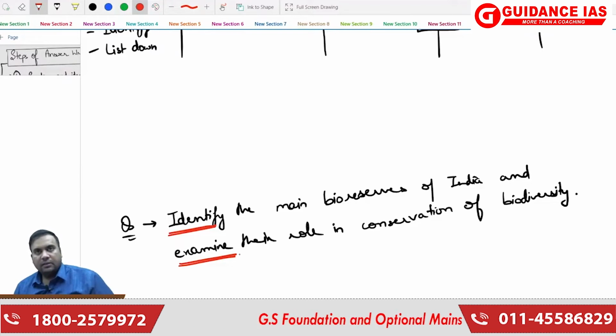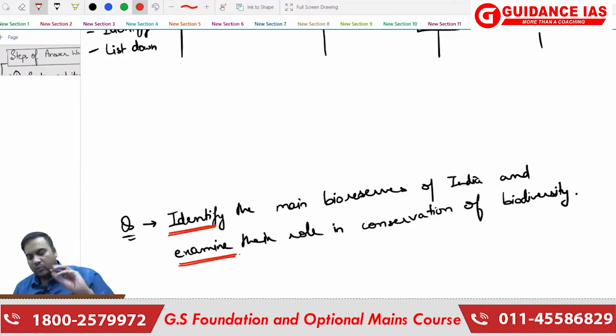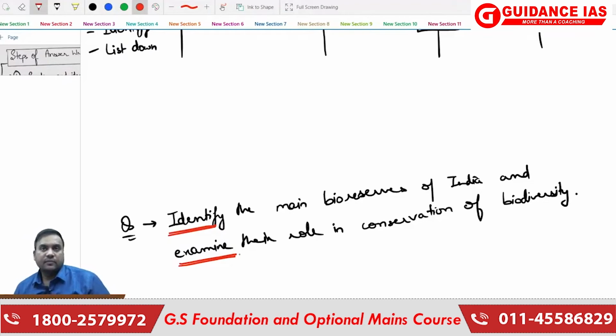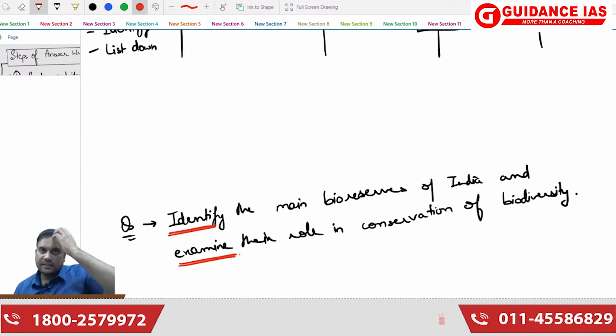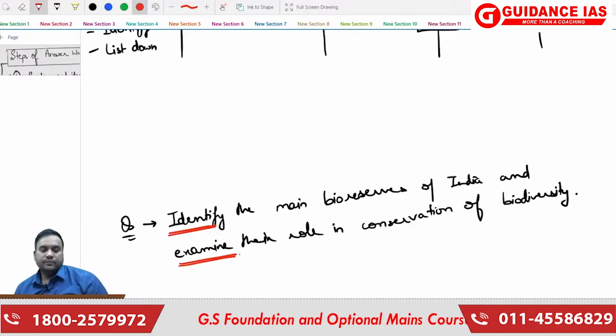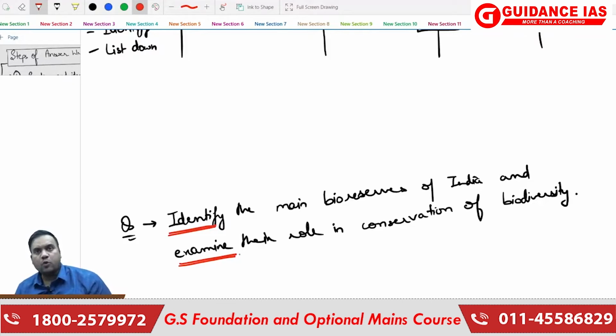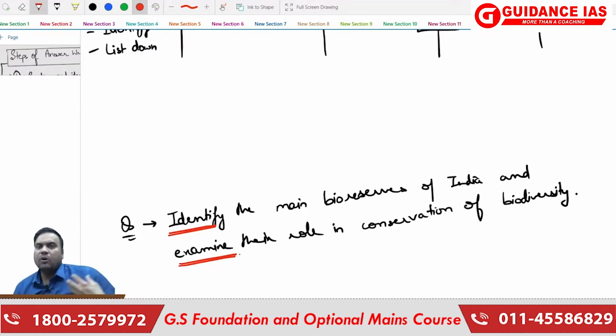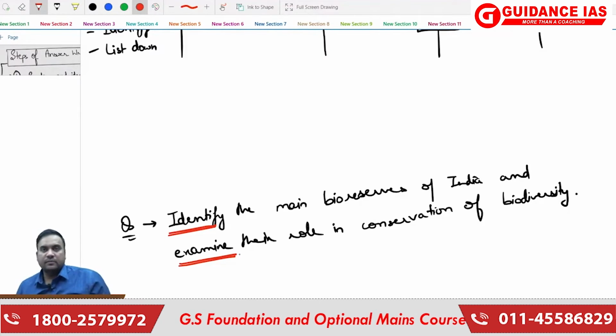But you try to understand that most of the students will not identify these secondary keywords. So once in our test in guidance, we gave this question for students to write, and you know what was the situation? 90% of them had written almost 2 pages, 2.5 pages for identify, where they were also describing those reserves.